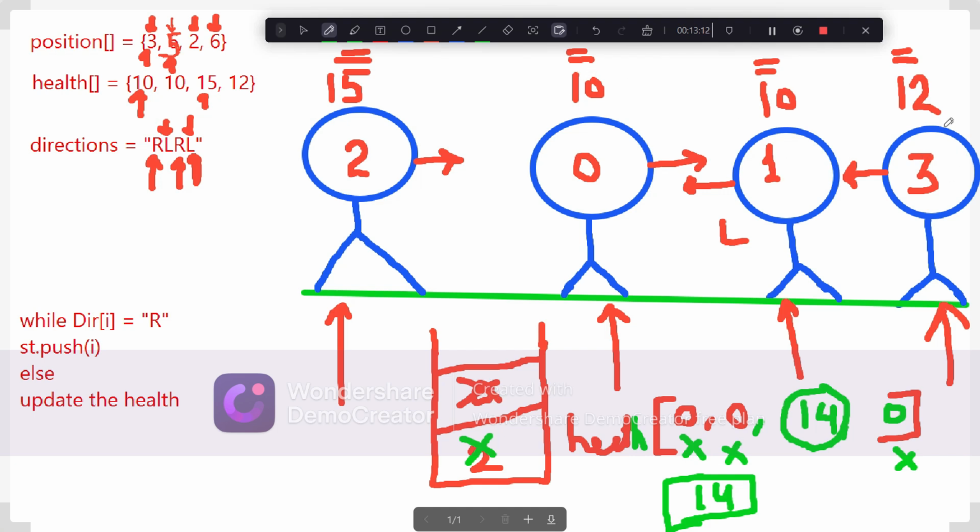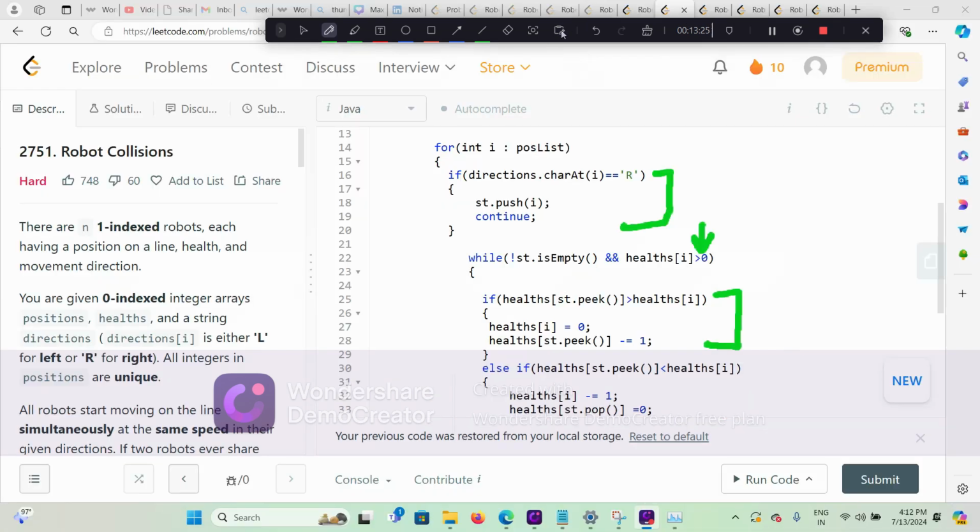But in this case when we came here, the index when i equals 3 and top of it was 2, we were checking which one is greater, 15 or 12, right? So same thing we are doing here. Whoever is smaller we are assigning health[i] equal to 0, and whoever is greater we are decreasing by 1, so that equals minus 1. Or if the other guy is greater, then we are doing vice versa.